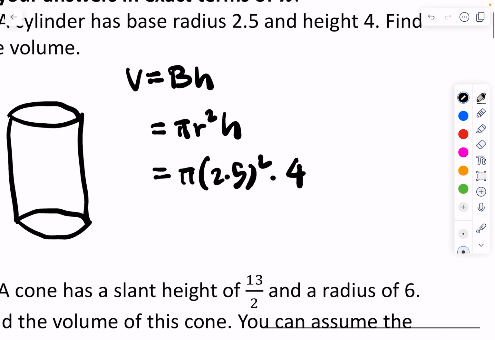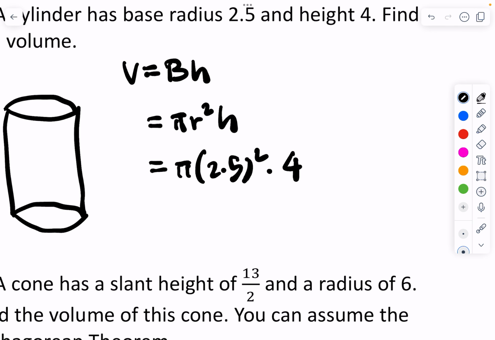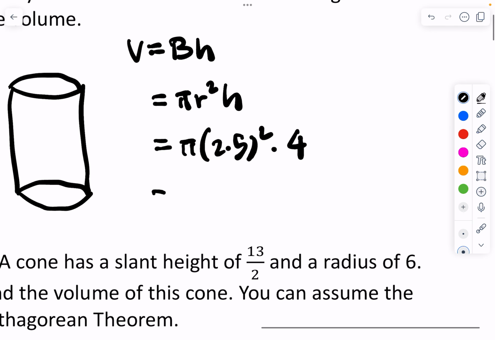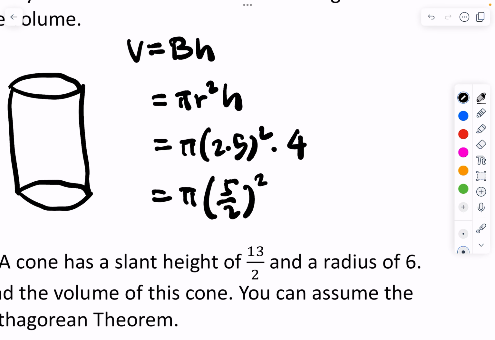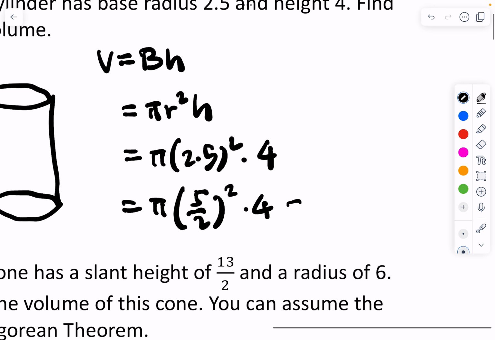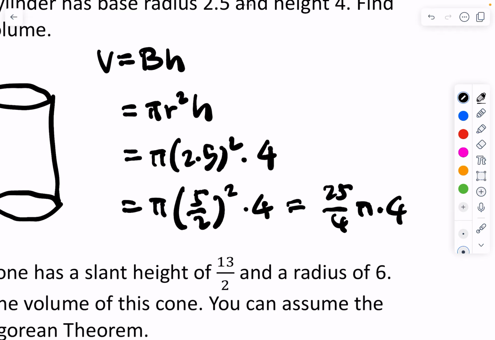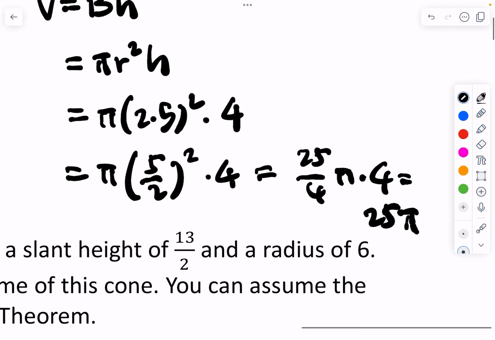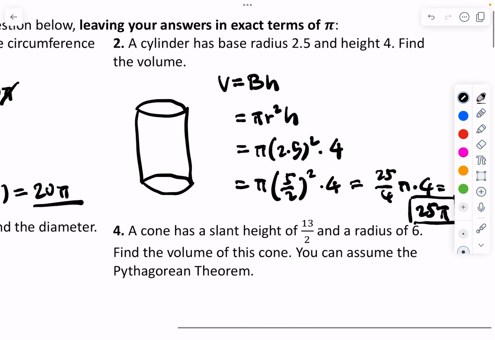Instead of calculating directly, this becomes a lot simpler because we can write 2.5 as 5/2, right? And then we'll get a final volume of 25 pi from our calculations.